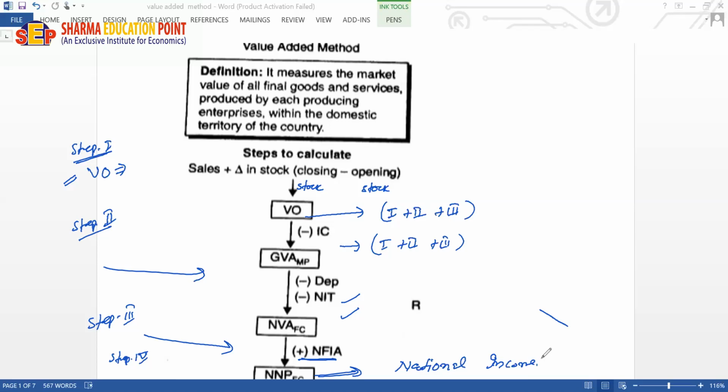I am explaining this in another way also, in a very simple way. In my simple terminology, first you have to calculate value of output.